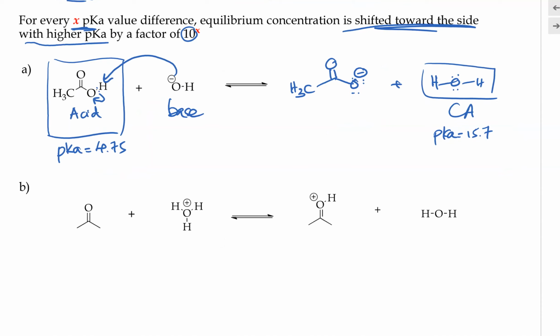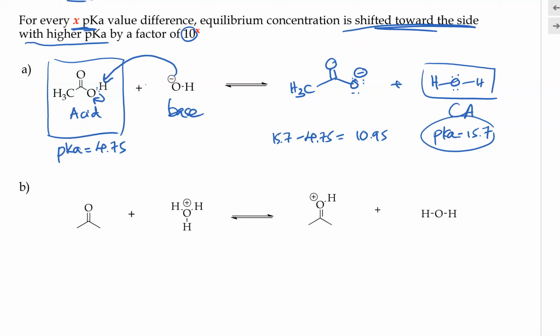Now when we compare the pKa of the acid and the conjugate acid, there is a huge difference between the pKa values. If we take 15.7 minus 4.75, this equals 10.95. So the concentration of the product side would be favored much more than the reactant side.